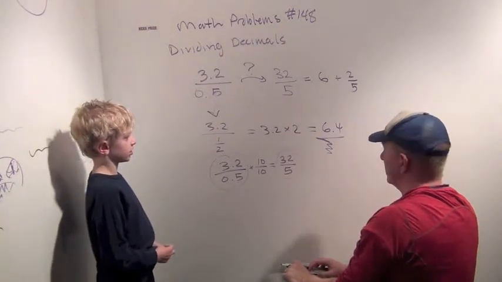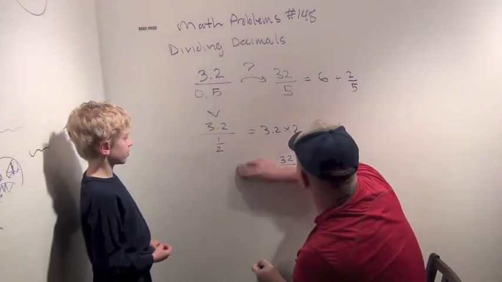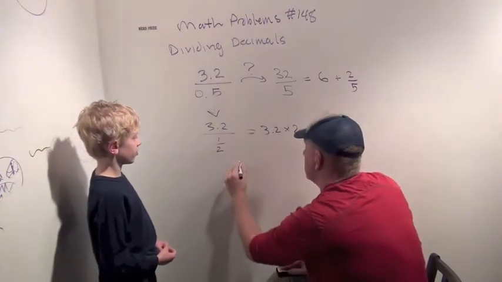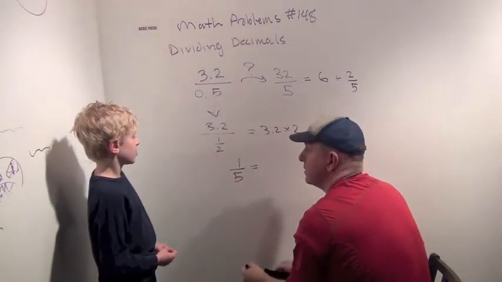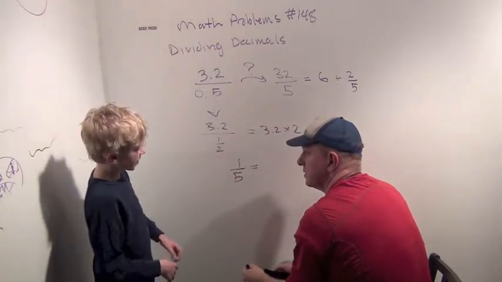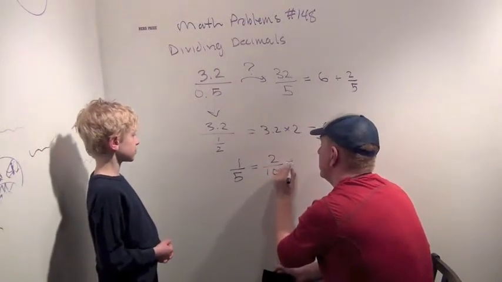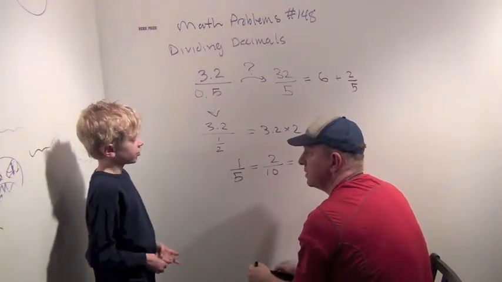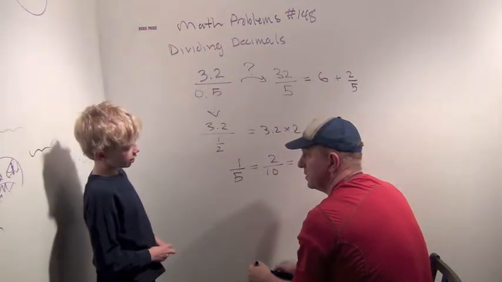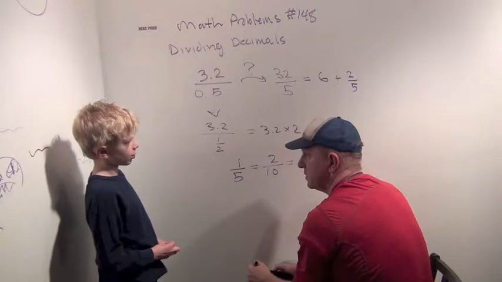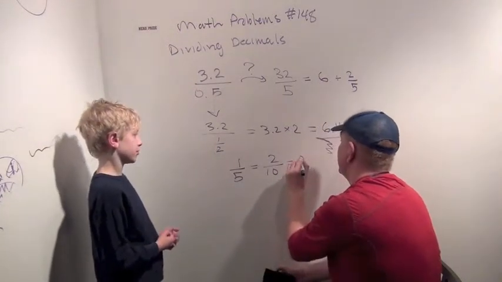I wonder what 1/5 equals as a decimal. How many tenths is 1/5? It's 2 tenths. What would 2 tenths be as a decimal? It would be 0.2.